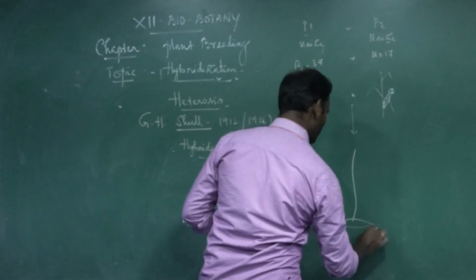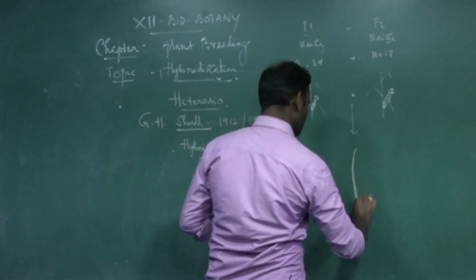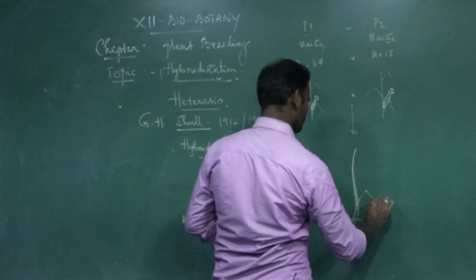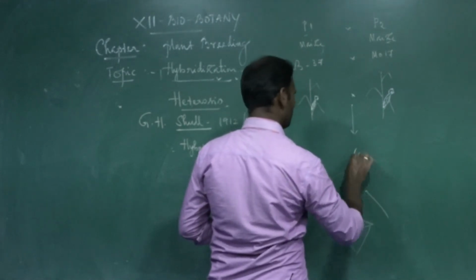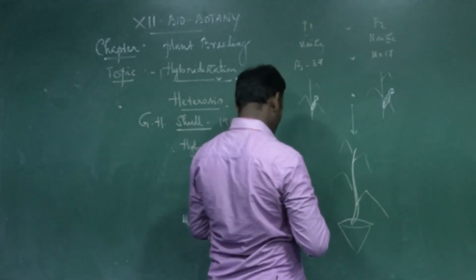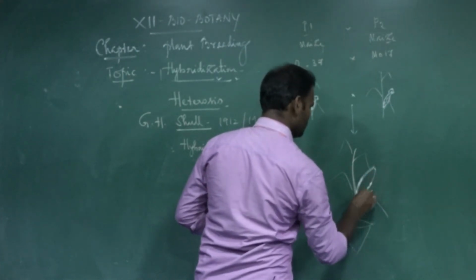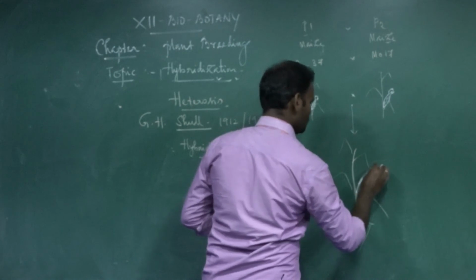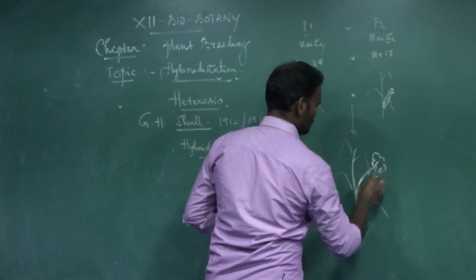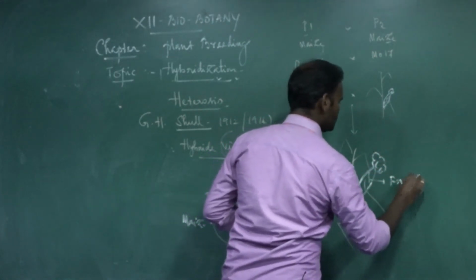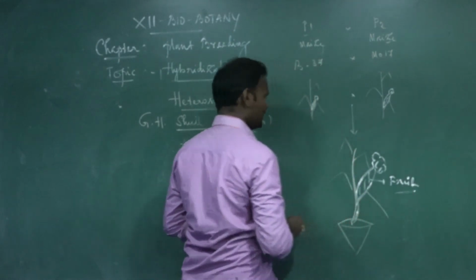The F1 hybrid is a tall plant. They increase the yield, have large fruit size, and the growth rate also increases.